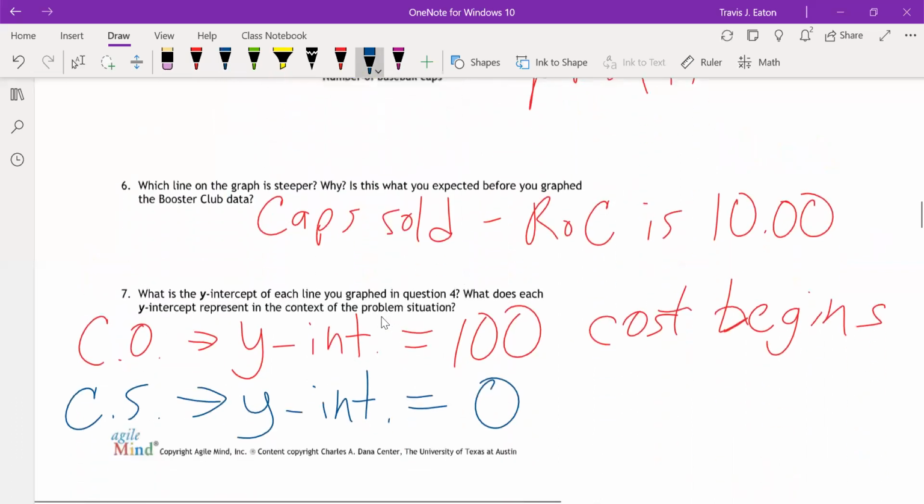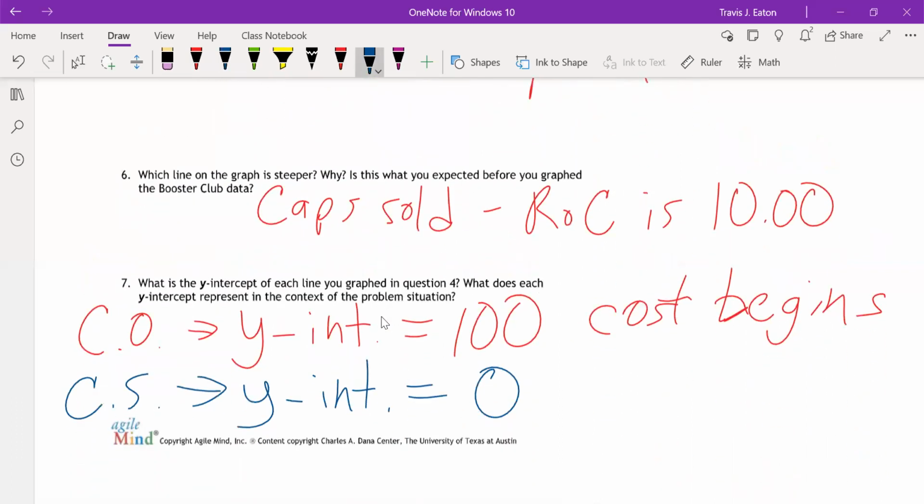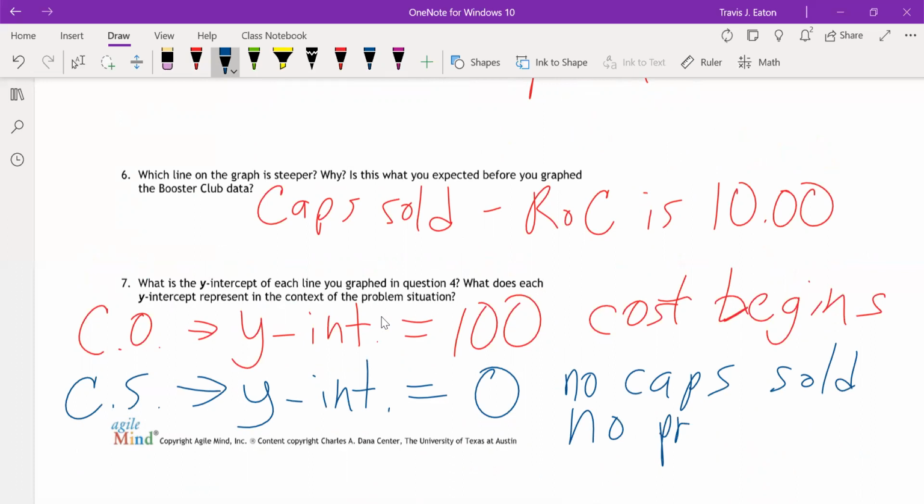And it's because they don't make any money until they start selling caps. So no caps sold means no profit or no money made.